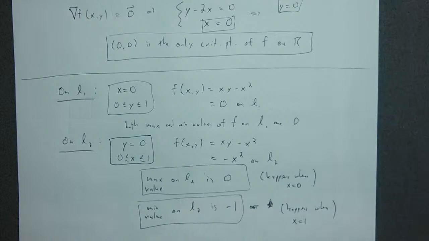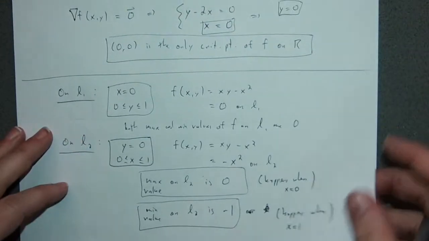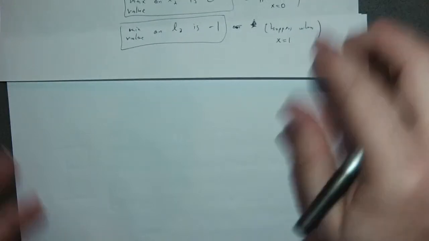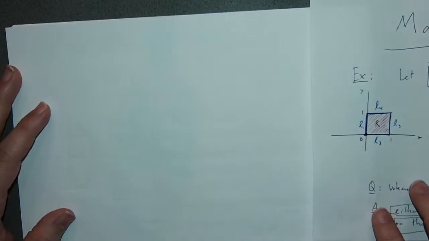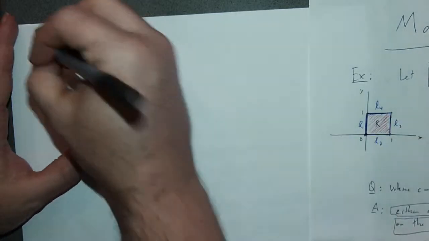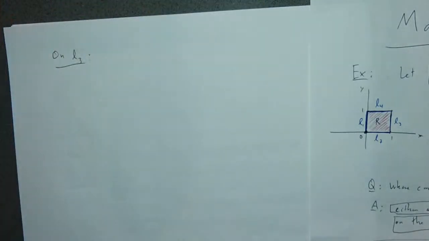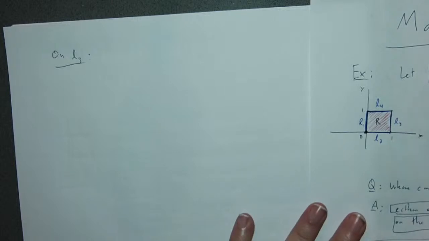Let's see if we can find higher on this region. Let's look at the next piece, the behavior of this function on the right side of this square, so on L3. On this piece L3, x is the same.